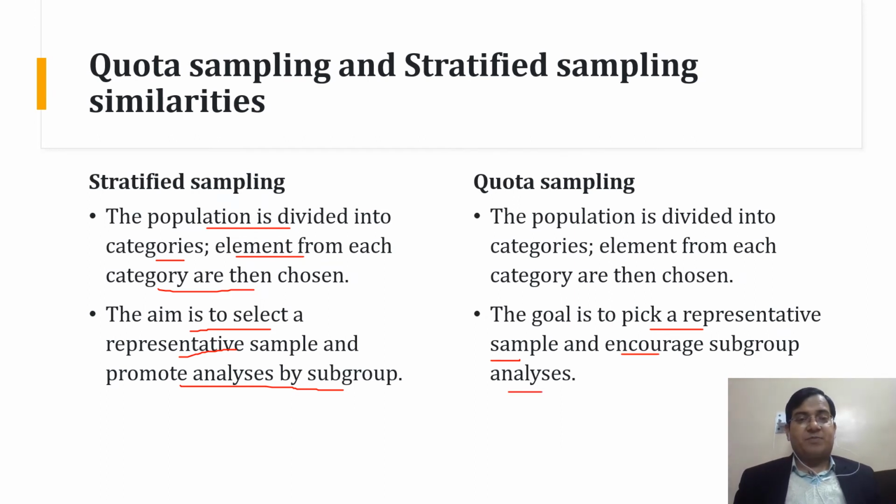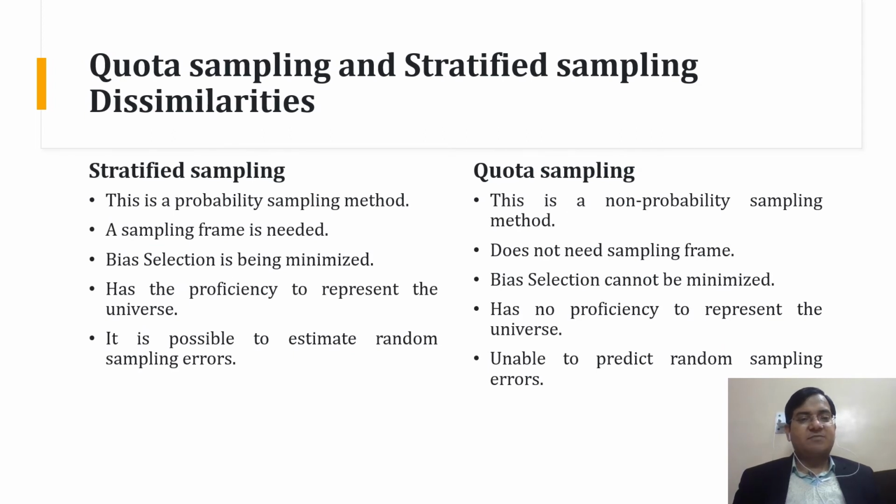The dissimilarity is that stratified random sampling is a probability technique, but quota sampling is a non-probability technique. In stratified random sampling, selection bias is minimized and a sample frame is needed, but quota sampling does not need a sample frame. In quota sampling, selection bias cannot be minimized.